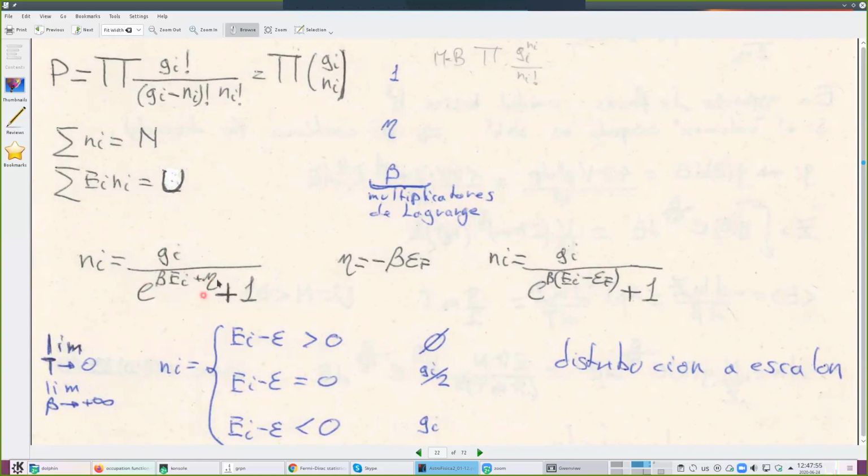You can rewrite the eta, also because in this case eta is less than 0, and you can rewrite the equation in this way. It is definitely a little clearer, the connection between the energy of the level and this limit.